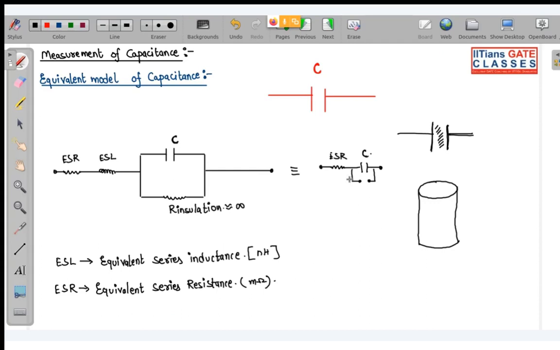Okay, so this is your equivalent model of a capacitor. Usually we neglect this one also. At that time we might get something like this. Okay, any doubt up to this point?